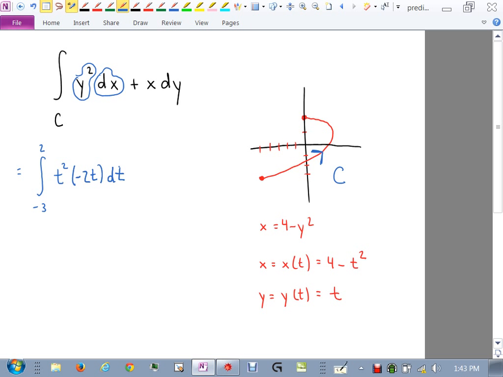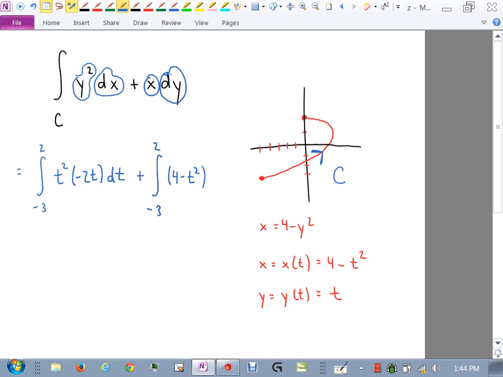That's that first integral. Why don't I throw that other one right here next to it? Plus, won't it be the same limits? Right? So, -3 to 2. What's x? 4 minus t squared. This time, what's dy? What's our derivative of y with respect to t?